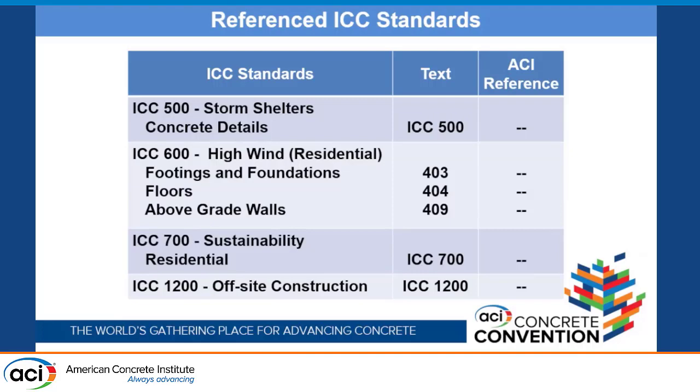Then there's a bunch of reference standards. It doesn't stop at just those 15 codes that I mentioned that the building code official needs to know. There's all these reference standards that go into the code, and in those reference standards, there's other places for ACI committee work to be reflected. There's a standard just on storm shelter design.